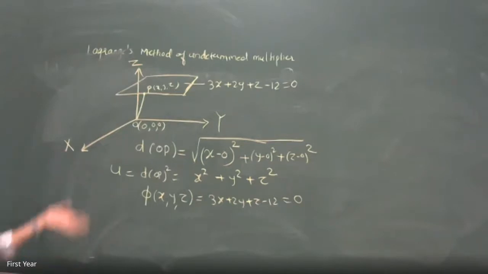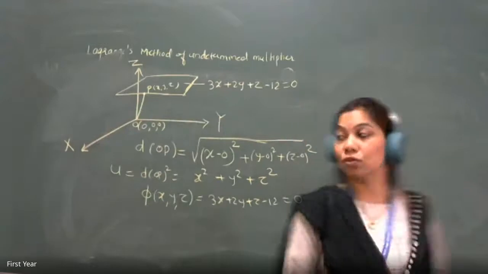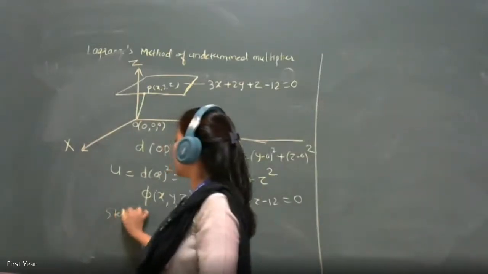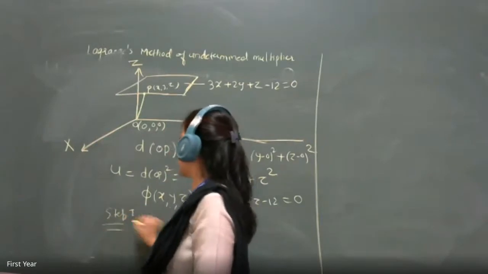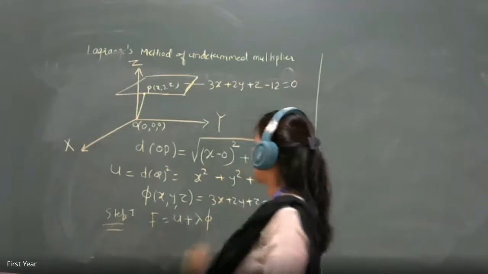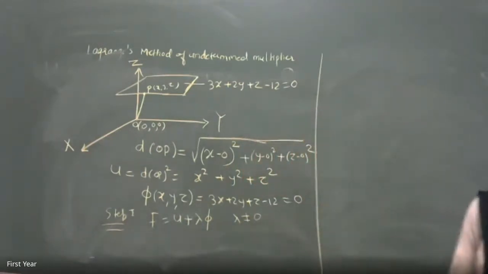Once you know these two things, u and phi, the rest of the things are the same. The method is the same. So let me write down step 1. Step 1: construct capital F equal to u plus lambda phi, where lambda is non-zero, Lagrange's undetermined multiplier.